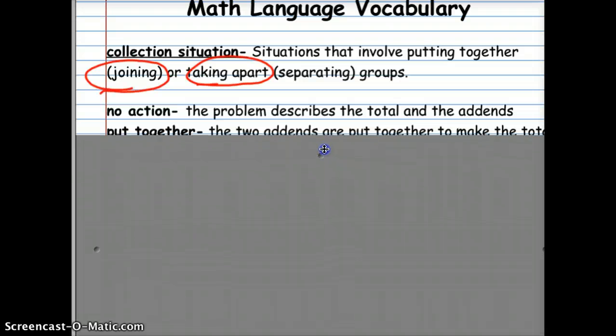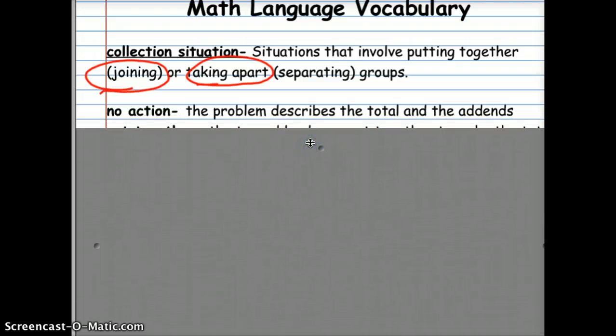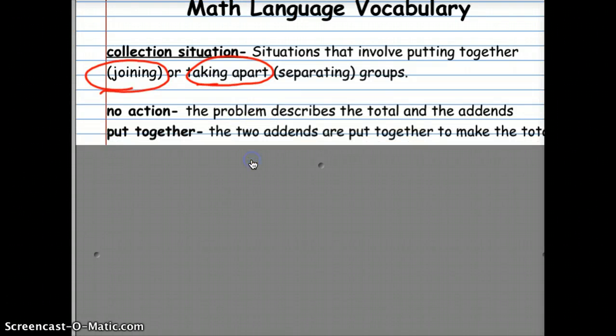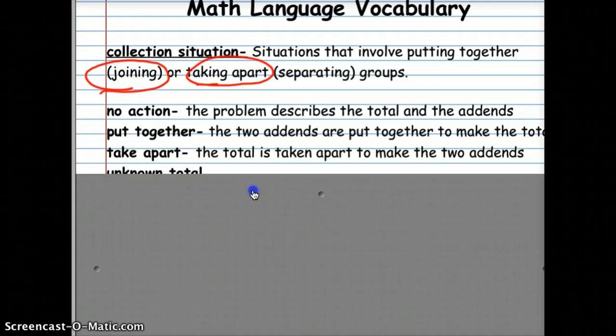Next, no action means the problem describes the total and the addends. Put together means the two addends are put together to make the total. And take apart means the total is taken apart to make the two addends, with one unknown.